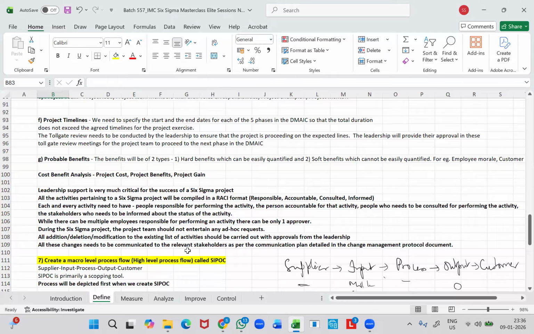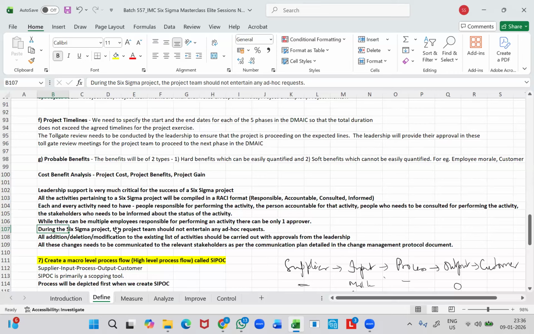So while there can be multiple people responsible for executing a particular activity, there can be only one approver, meaning there can be only one accountable person. And then during the Six Sigma project, the project team should not entertain any ad hoc requests.